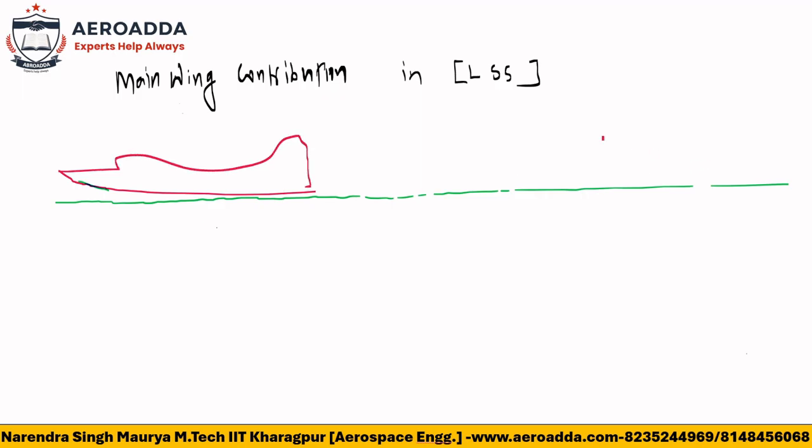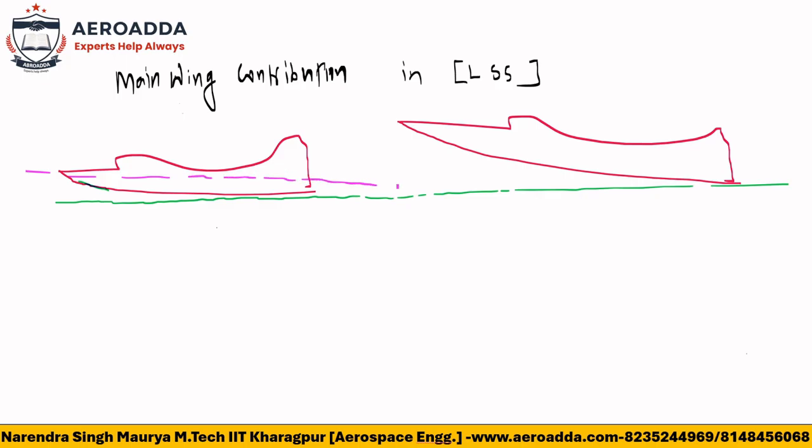This is the orientation of the airplane. From the reference line, see this angle, say alpha 1. This is alpha 2. So if you see here, alpha 2 is greater than alpha 1, which means there is a nose up.